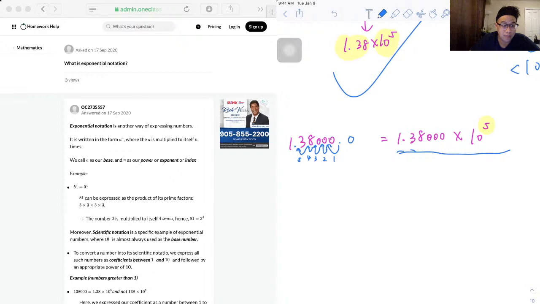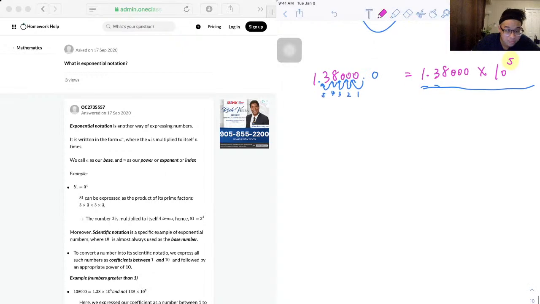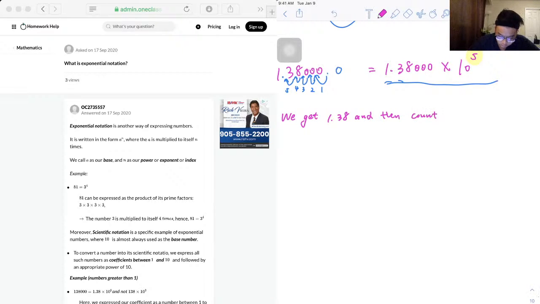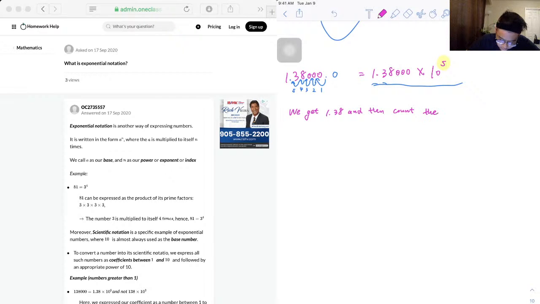Yeah, so we go 1.38, and then we count the decimal places from the rightmost digit up to the first digit.